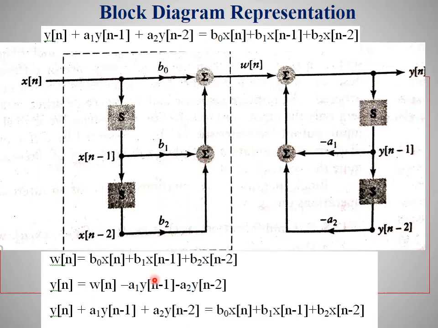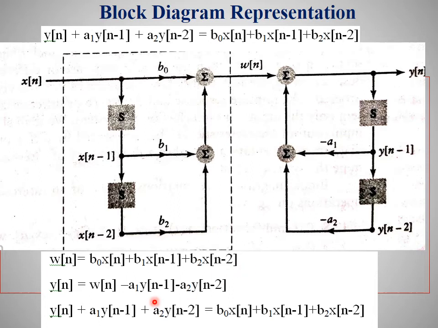So this generates b1 x of n minus 1 plus b2 x of n minus 2, and the resultant is going to be added with the other value, namely b0 x of n. So we have generated the first expression, namely w of n.